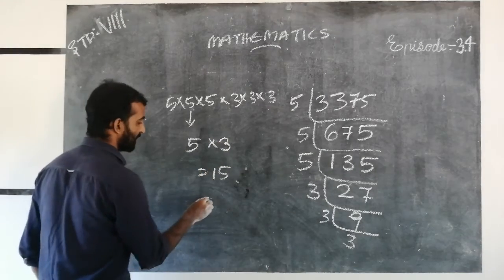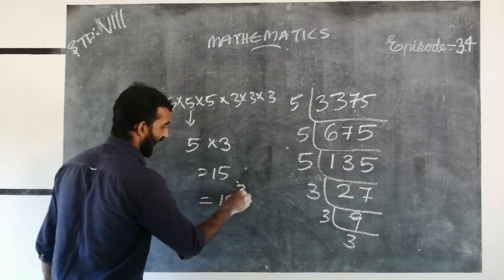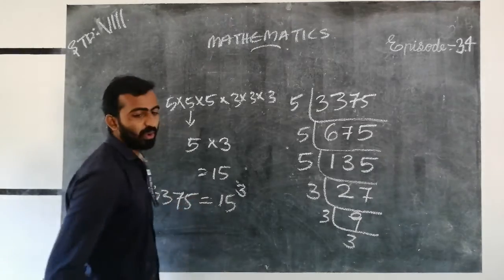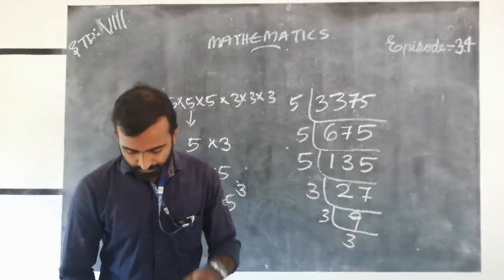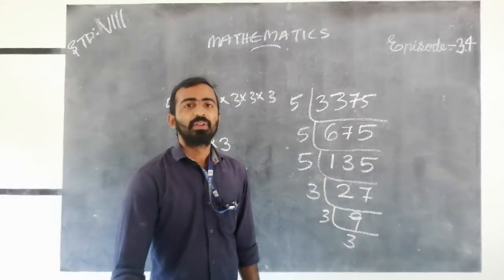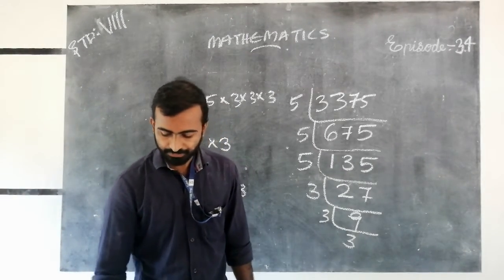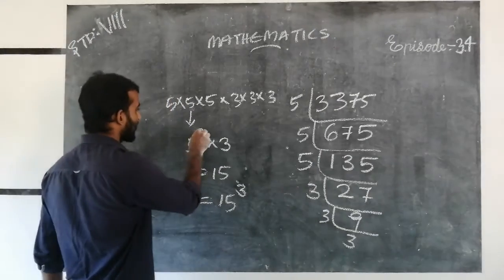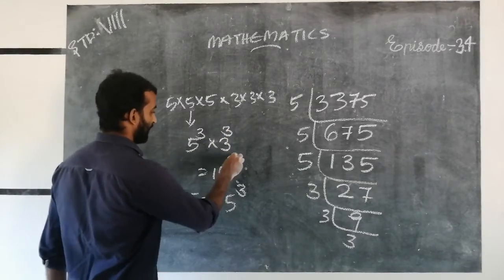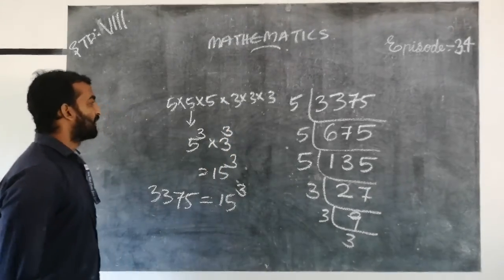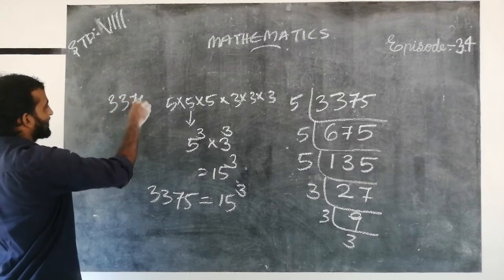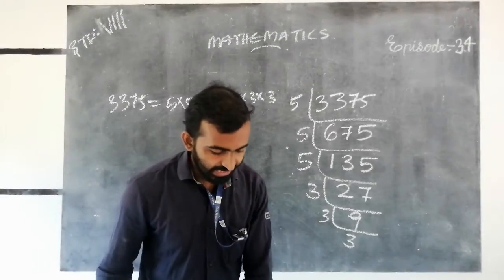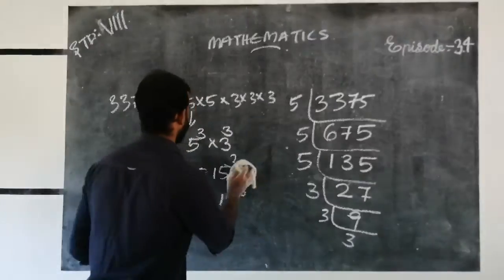That means 15 cube equals 3,375. So 3,375 is a perfect cube. We get it like this. And the next one, the third one, is 8,000.